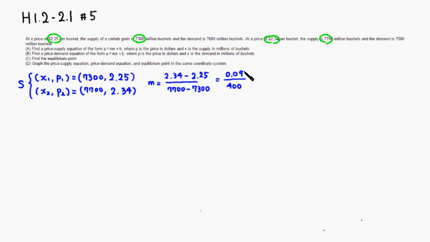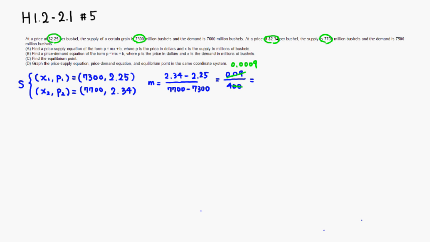Alright, I'm going to divide through by 100, so the 2 zeros go away. So I'm going to change that to 0.0009, and we still have to divide by 4.